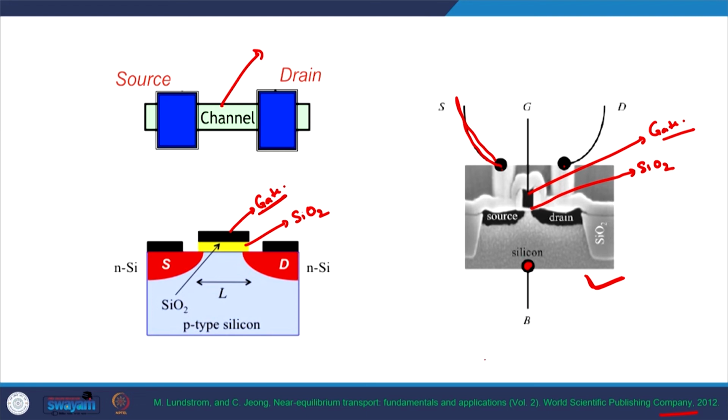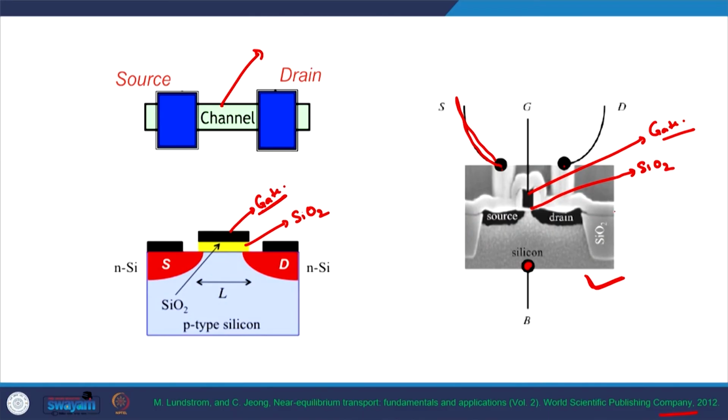Nowadays we typically fabricate a lot of transistors on the same piece of semiconductor, and in order to separate the adjacent transistors, we use insulating layers in between, like a thick silicon dioxide layer, as shown on the sides of the drain terminal. So, this is how an actual MOSFET looks.